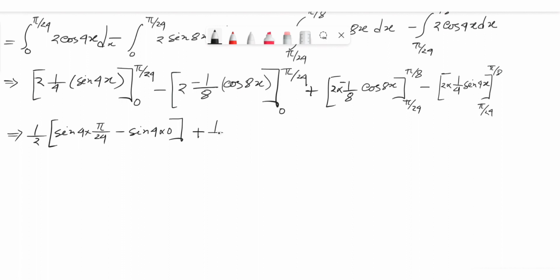we'll have 1 by 4 here, and when we put the upper limit first then the lower limit, we'll have cos 8 into pi by 24 minus cos 8 into 0.